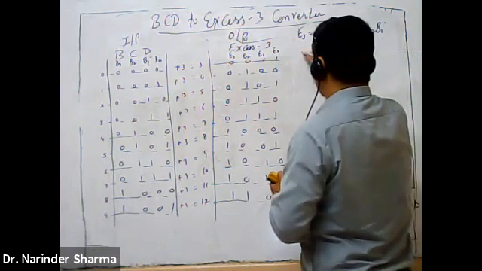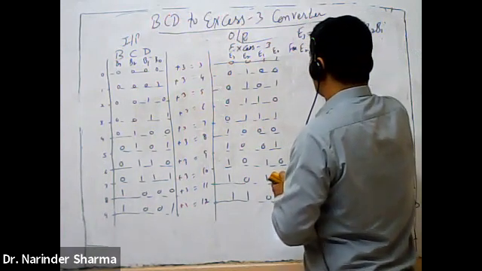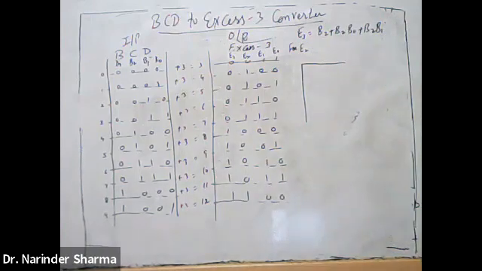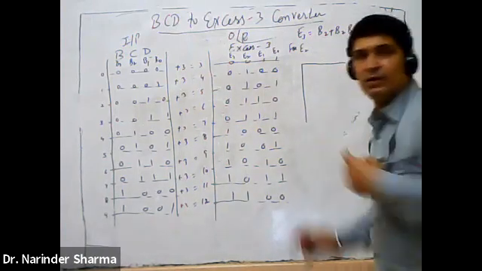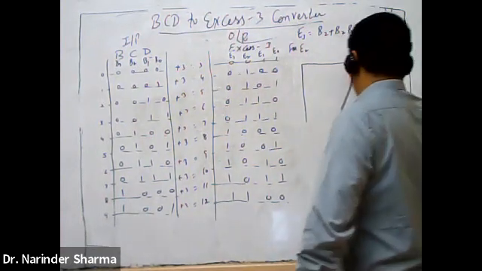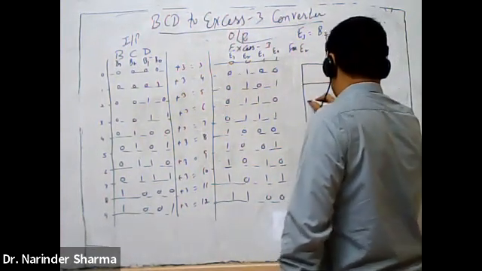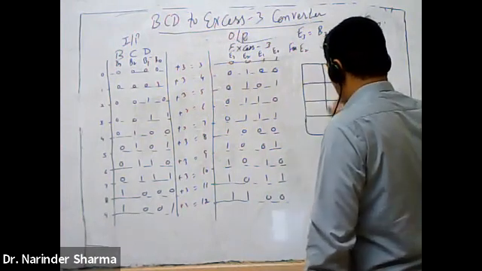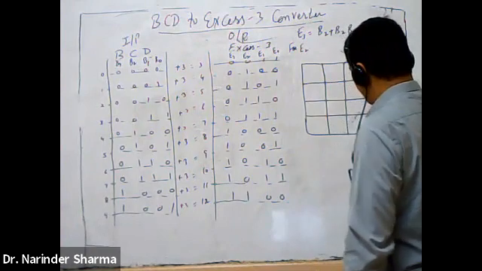Now for E2, same method we will adopt. Here you will find a 4-variable K-map.